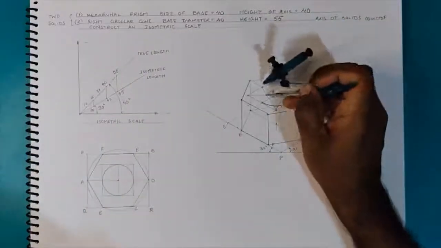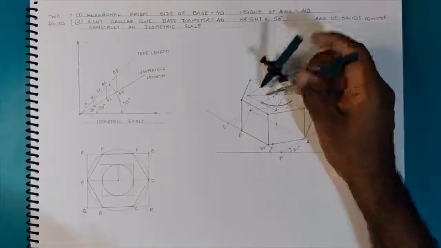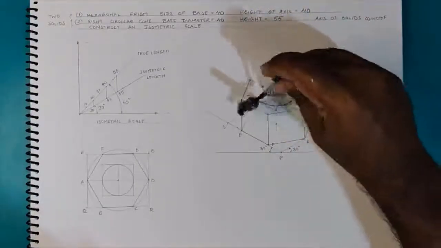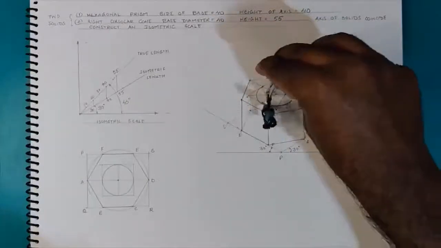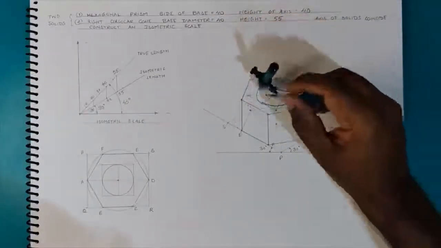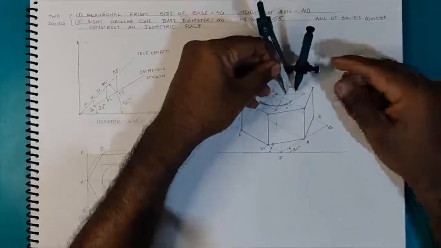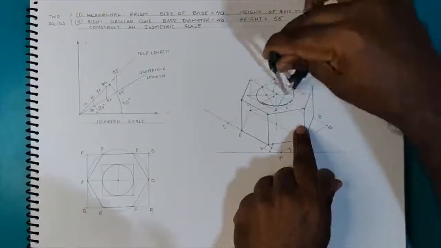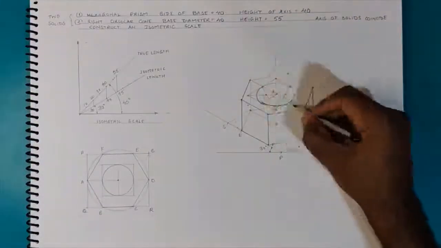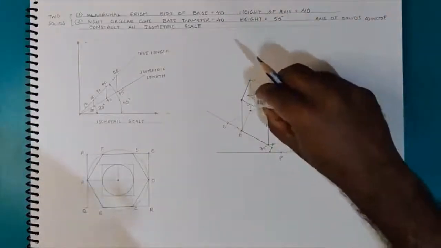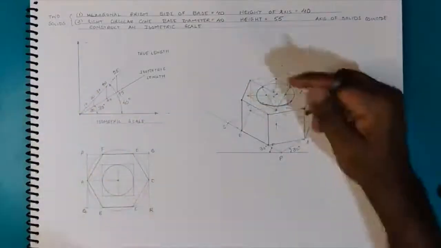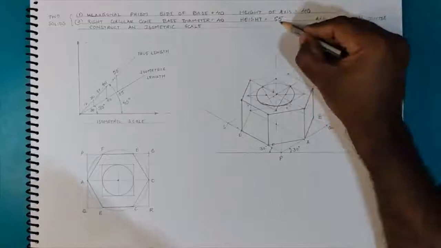Now, using this third center point with radius equal to its distance from the midpoint of the side, I draw an arc. Similarly, to the next center, I'll take the distance up to the midpoint of the side and draw arcs to complete the isometric circle on the top face of the hexagonal prism.